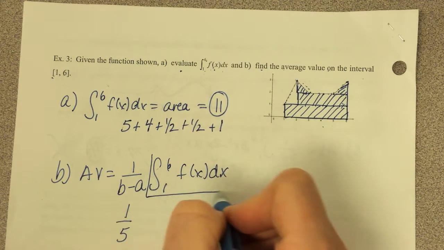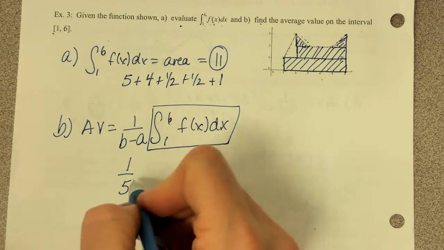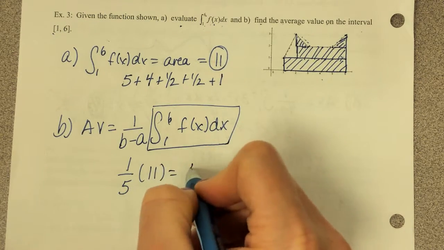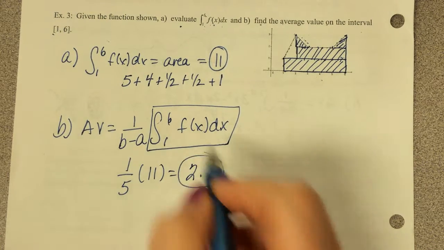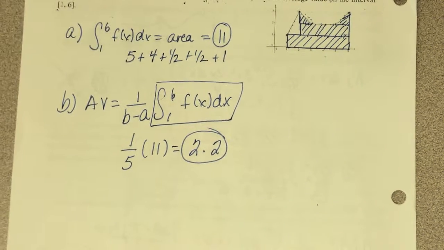And what did we just find this to be? What is the answer to this? 11. So it's going to be 2.2. Exactly. 11 divided by 5 is 2 1/5.